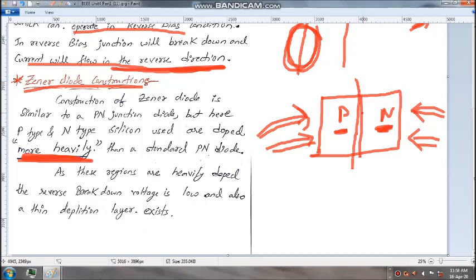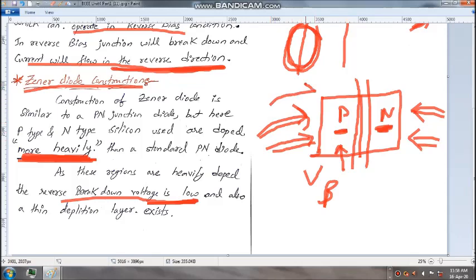The breakdown voltage will be low due to the high number of impurities, as more charge carriers are present. Simply, more impurities added means more charge carriers are present, so obviously the breakdown voltage will be low. One more observation is about the depletion region. As more impurities are present, the depletion region width will be very thin.